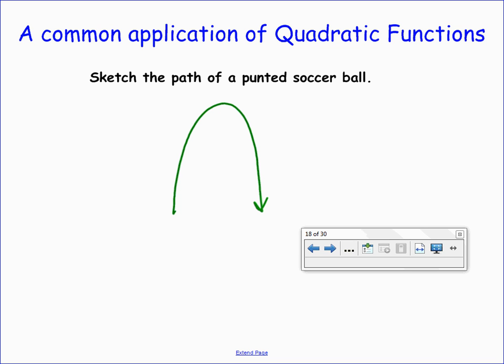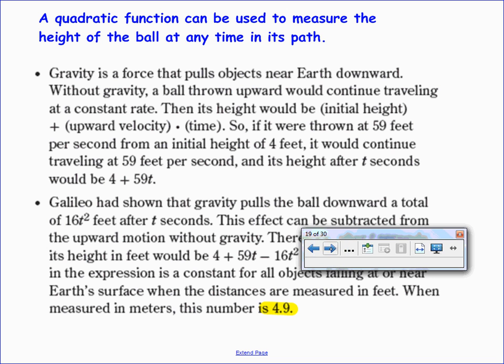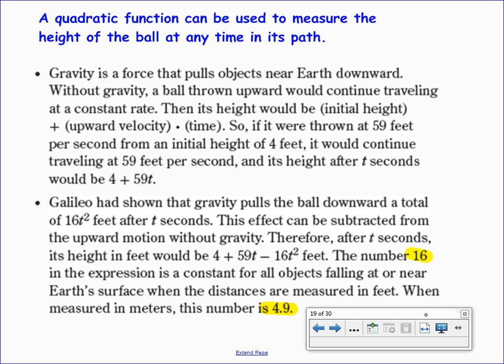Something flying through the air, we're talking about a projectile. All right, so this is a huge informational slide with a bunch of words on it, but all we want to know is that gravity is determining the course of motion for any object that's flying through the air. As soon as you're done kicking it, shooting it, punting it, loosing it, anything like that, then gravity is the sole force acting on that object.